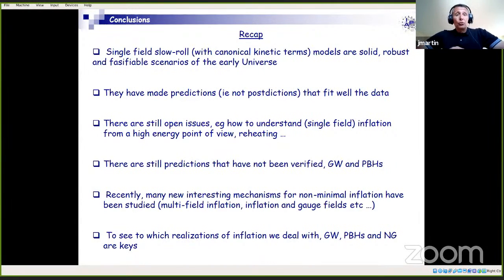And so to see which incarnation of inflation we deal with, gravitational waves and PBH, and of course non-Gaussianity are keys to really study which incarnation, which realization of the idea of inflation we deal with in the real world. And I just stop here.